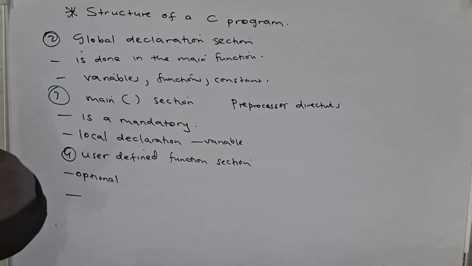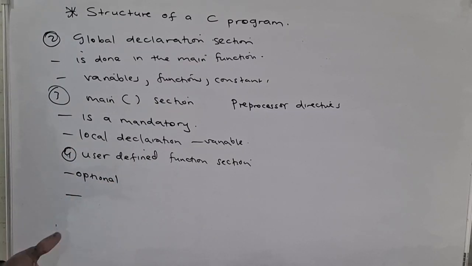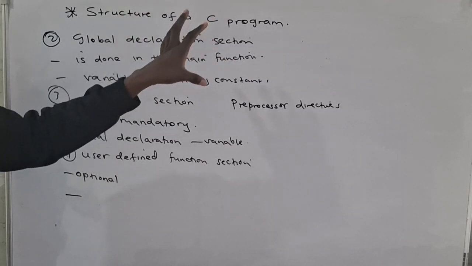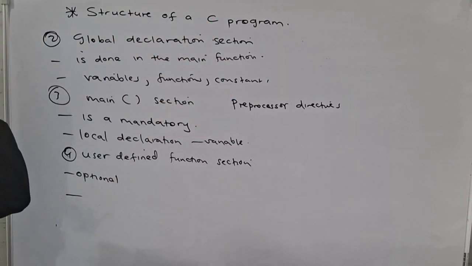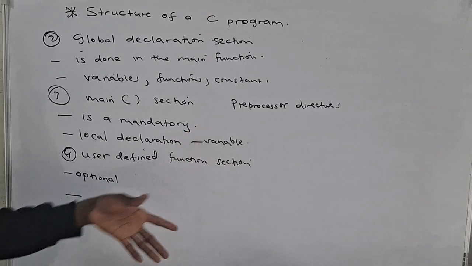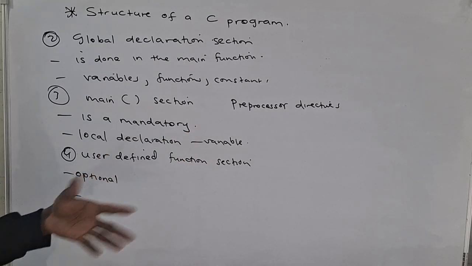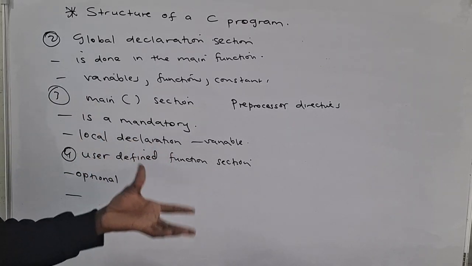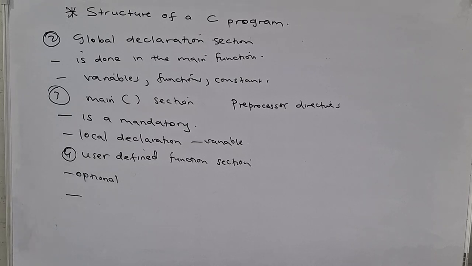Suppose you want to make a calculator, you can do it using different types of functions. One function is going to perform addition. Another function is going to perform what? Subtraction. Another one is going to perform multiplication. Another one is going to perform maybe exponentiation. Different functions you can define. This is the user-defined function section, which is optional.